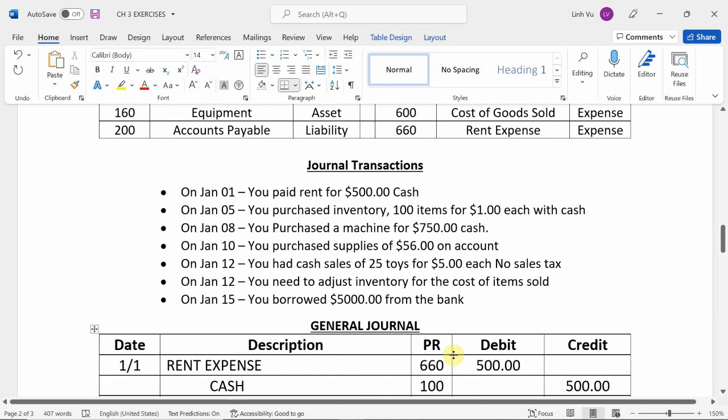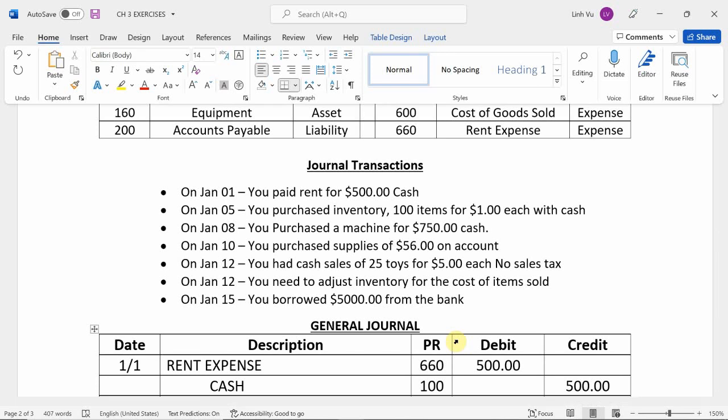Okay? Then on January 12th, you had a cash sale of 25 toys for $5 each. No sales tax. So here I have a sale. I sold 25 toys for $5 each, okay? And they were cash sales.